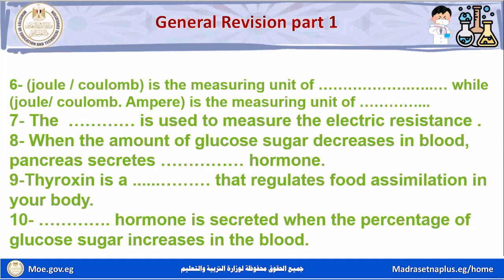Question number 6. Joule per coulomb is the measuring unit of space, while Joule per coulomb dot ampere is the measuring unit of space.